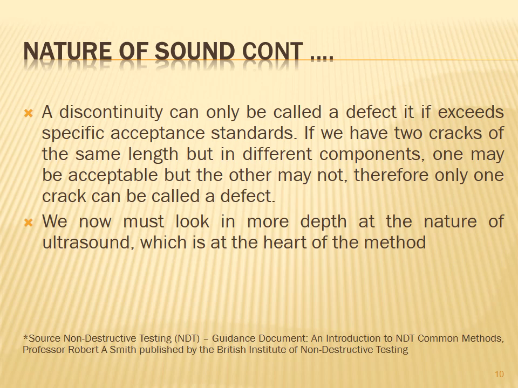Okay. So, we have looked at the basic principle of the ultrasonic method. Most important, we now must look in more depth at the nature of ultrasound, which is at the heart of the method.